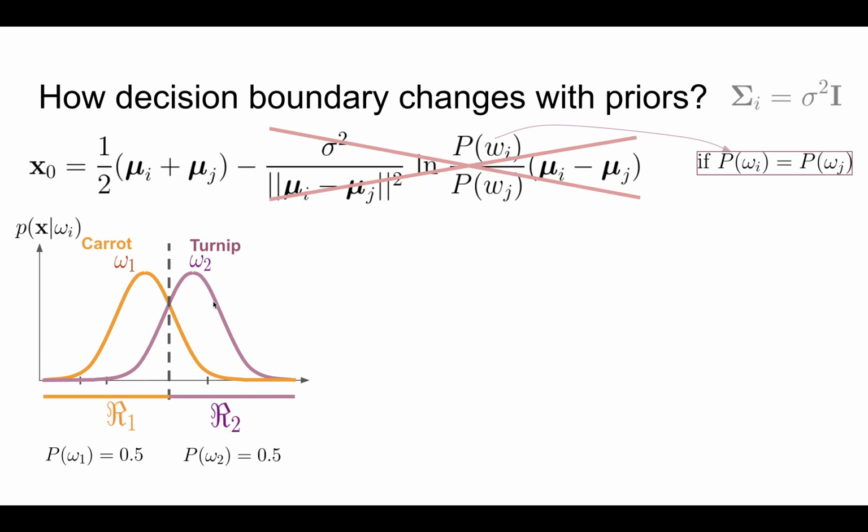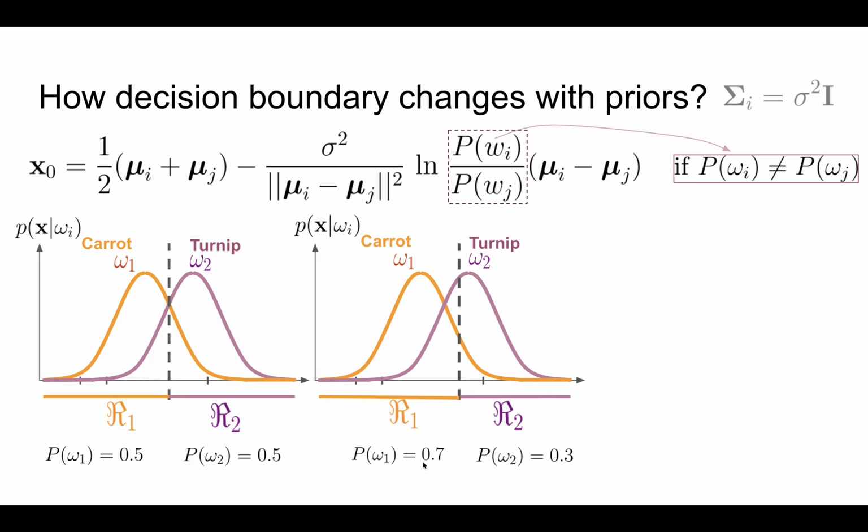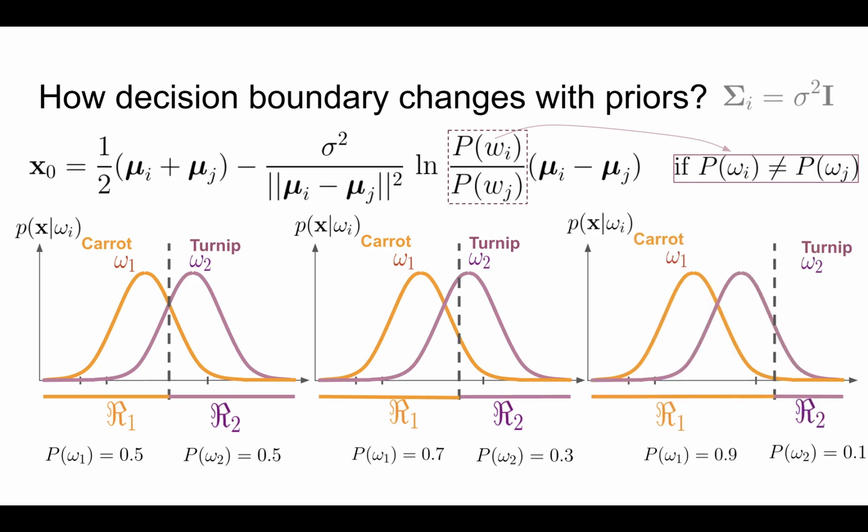We now can see that if the priors are not the same, then the decision boundary could be shifted. So let's say if the prior for class omega 1 is 0.7 and class omega 2 is 0.3, then the decision boundary would shift toward the right. If we have an even higher probability of class omega 1, say 0.9, then we are much farther away on the right hand side on this particular plot.